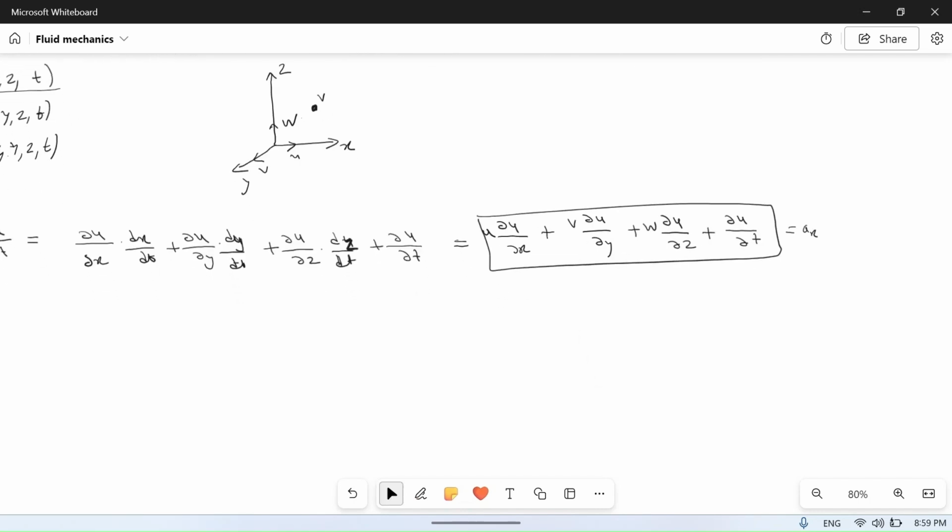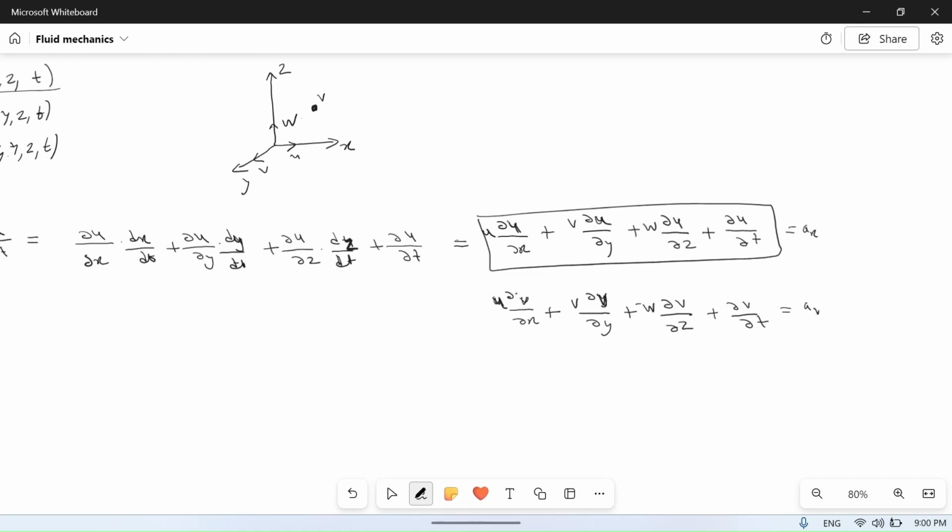Similarly, ay can be written as u del v by del x plus v del v by del y plus w del v by del z, plus del v by del t.